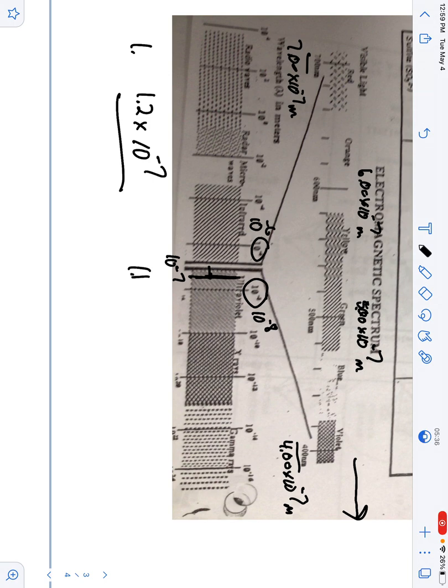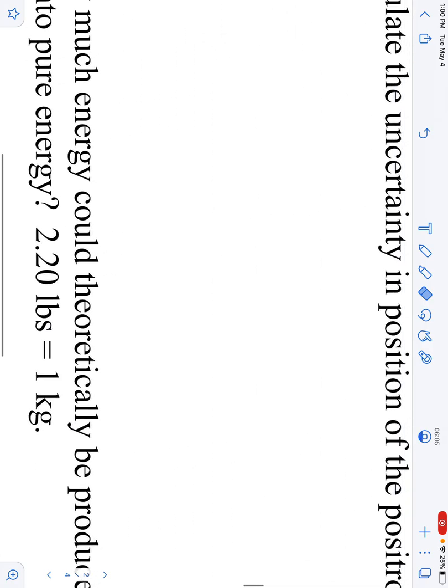So the type of light being produced is ultraviolet. And some of you already said, but if you're above violet, guess what? You're ultraviolet. If you're below red, you are infrared. All right. So let's go back up, start on number 2.